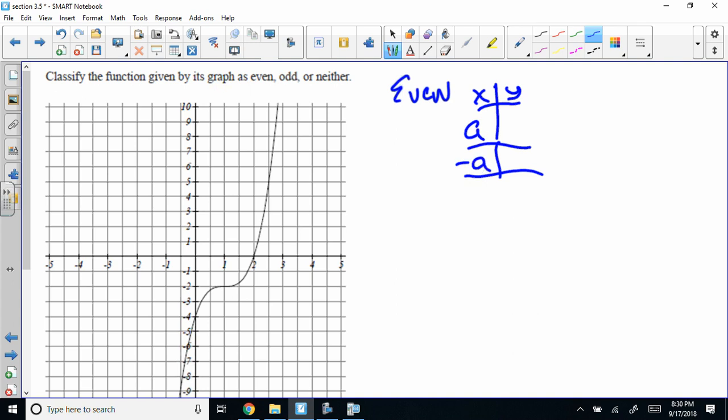A and negative A, they got to come out with the same outputs. That's exactly right. An A and its opposite has to come out with the same outputs. So let's look at odd.